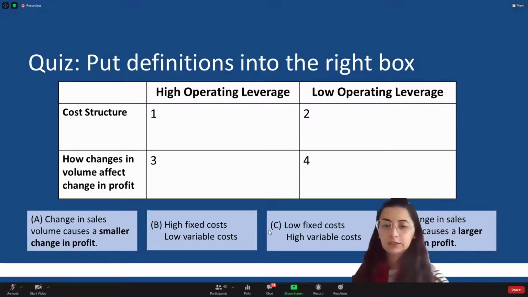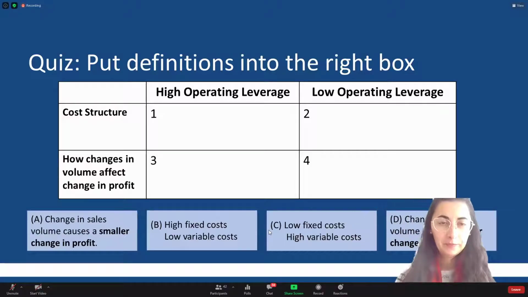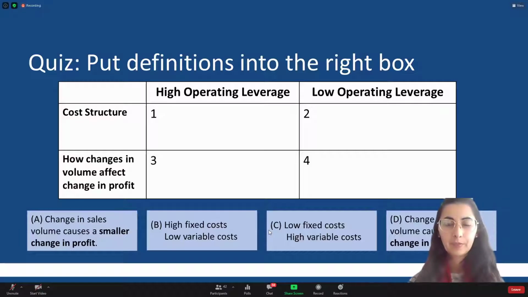So is that high operating leverage or low operating leverage?